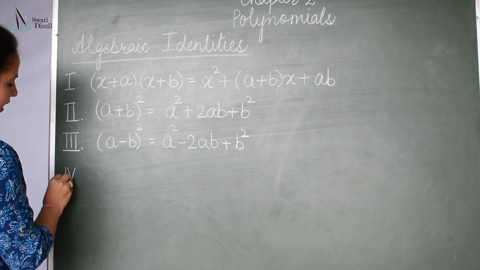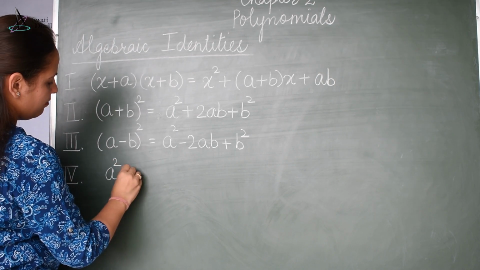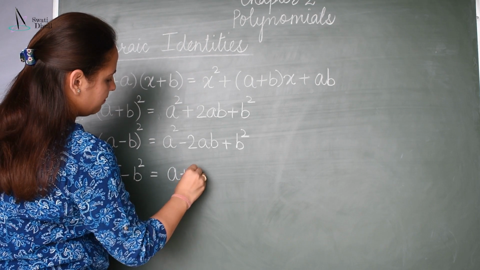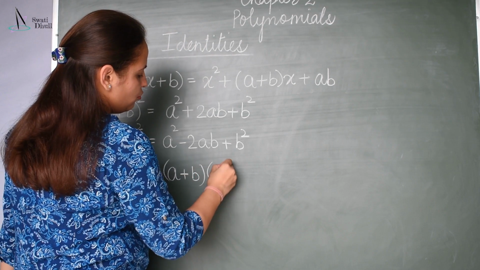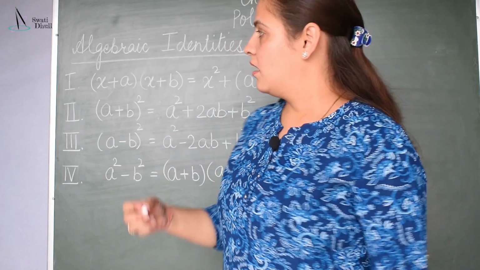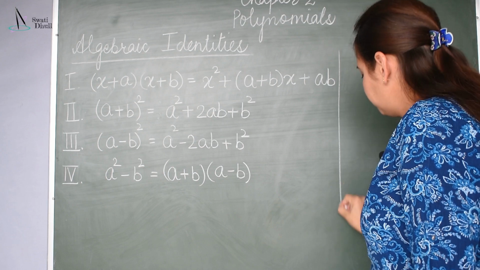And the fourth identity is a² − b² = (a + b)(a − b). Now let's discuss them one by one along with examples.